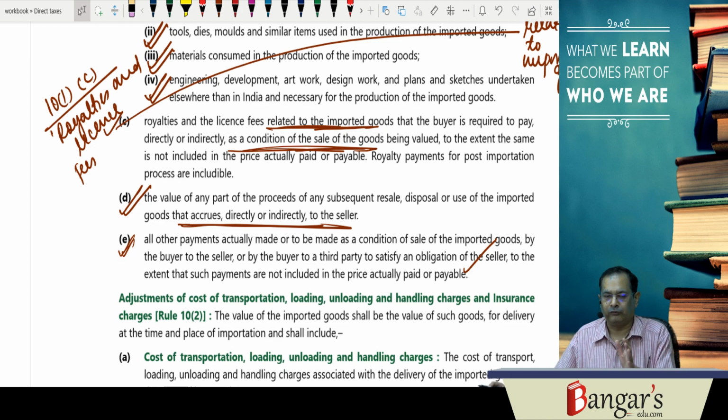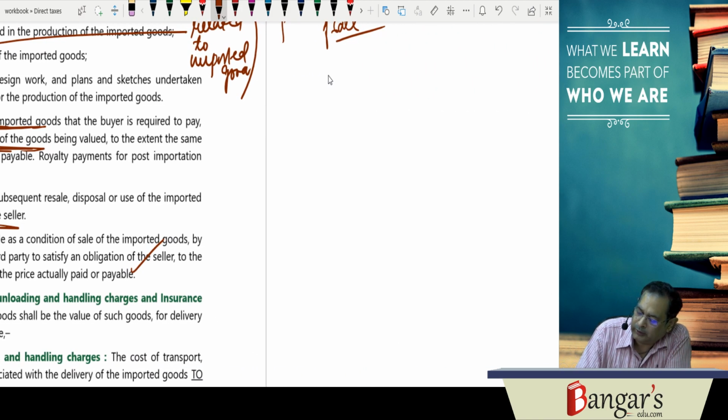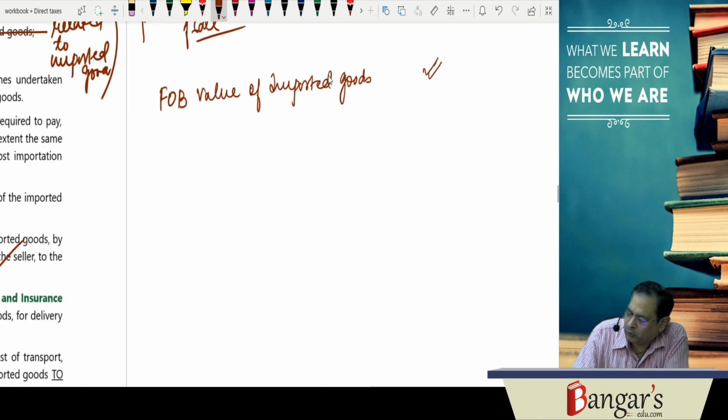Now here, this is the 10(1)(a) adjustment. Basically what we are doing is, say it is the FOB value of imported goods, the free on board value of the imported goods. Say it is US dollar 1 lakh.